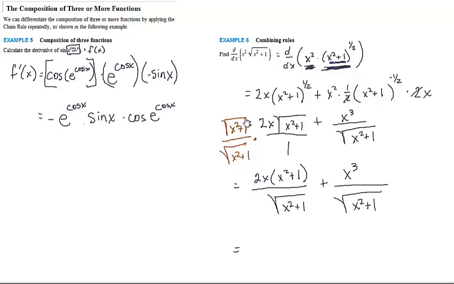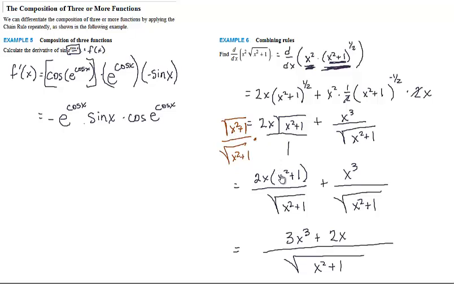Keep the same denominator and just add the tops. That would be x squared plus 1. And I have 2x cubed here and 1x cubed here, so that's going to be 3x cubed. Plus, distributing that, 2x. All done with that one.